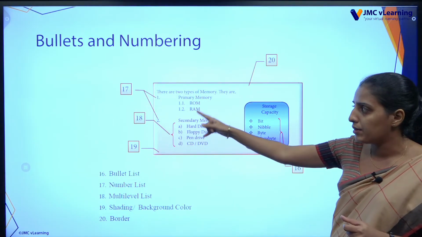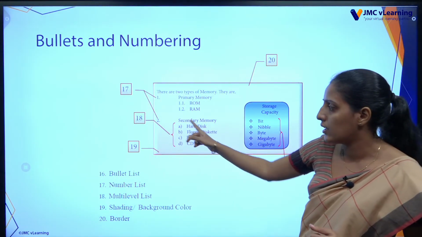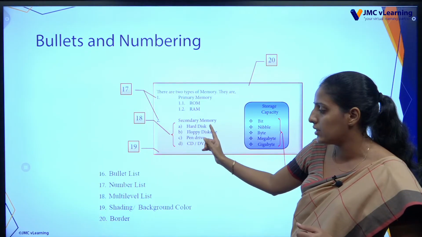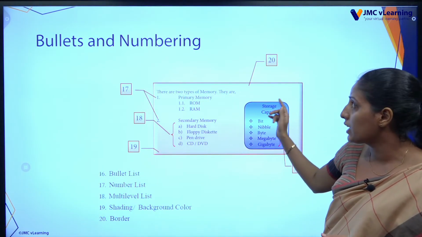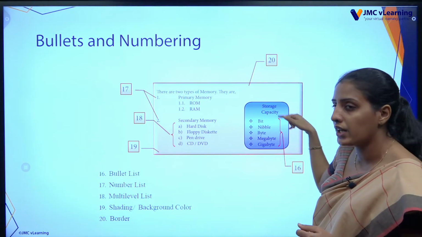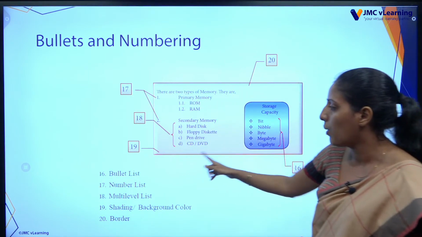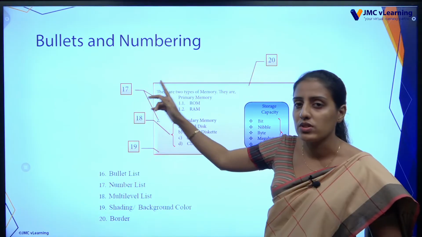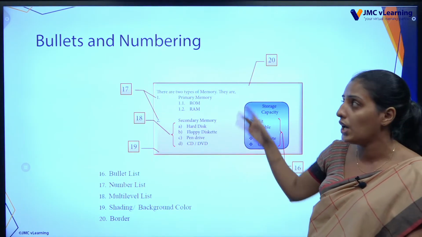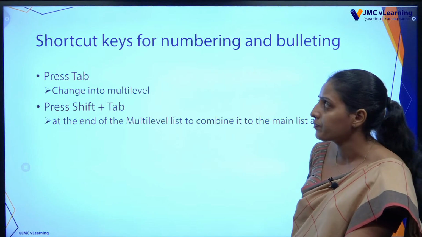This one is the multi-level list, 19 will display the shading or the background color, and 20 will display the border of the text. So this is the way you change the bullets and numbering.